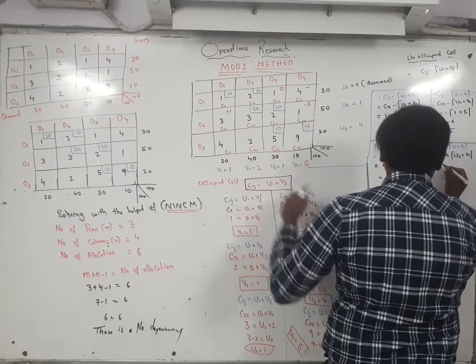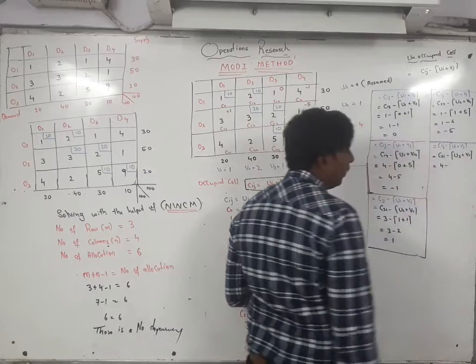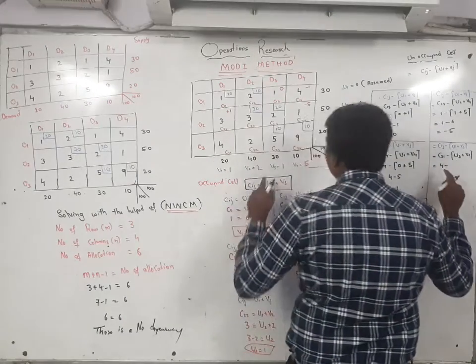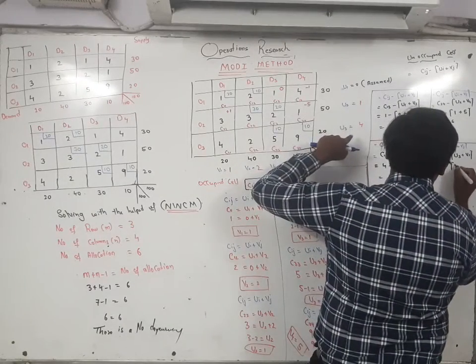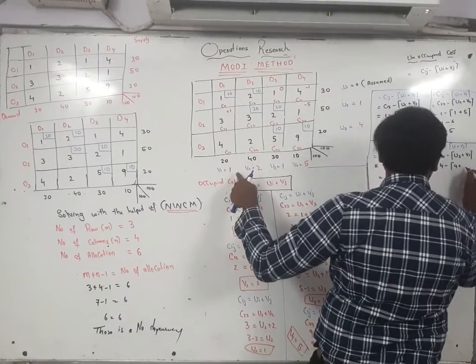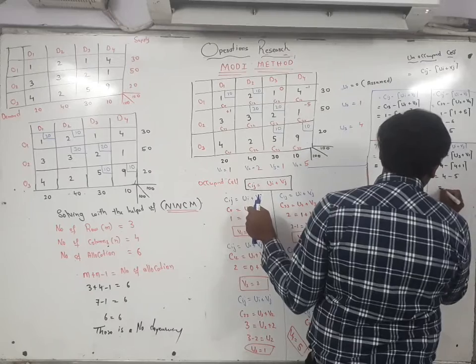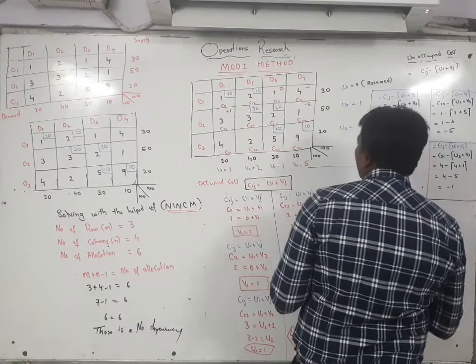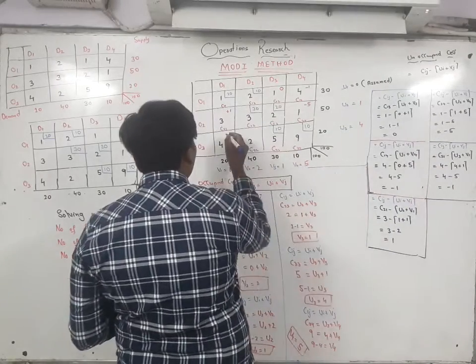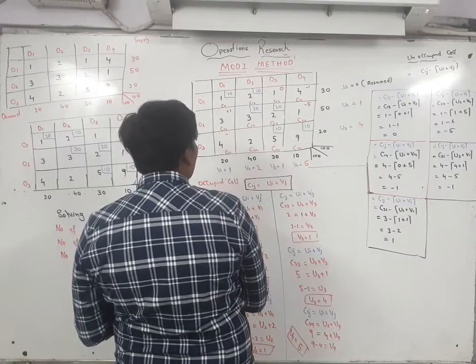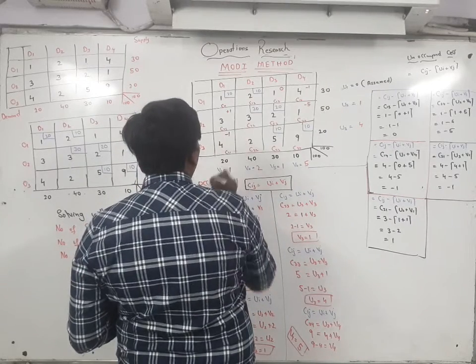So C31, what is the value? 4. U3 value is 4. Then V1 value is 1. As you can see here, 4 minus 5. The answer you are getting is minus 1. So here you can write minus 1.